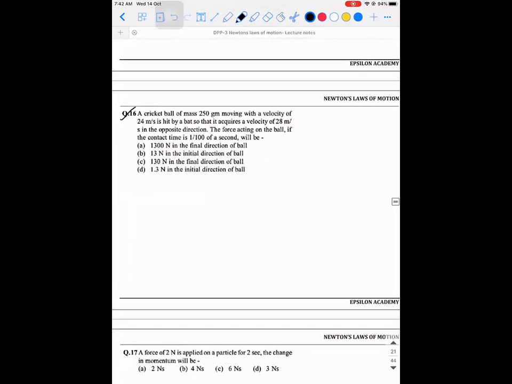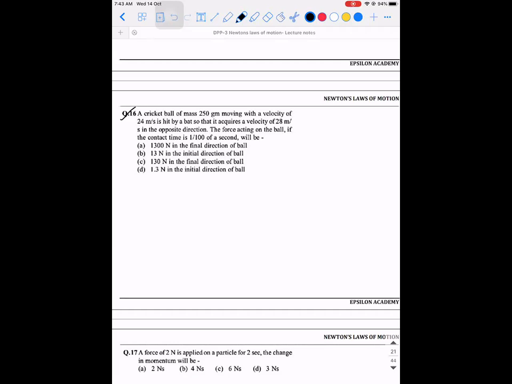A cricket ball of mass 250 grams moving at the velocity of 24 meters per second is hit by a bat so that it acquires a velocity of 28 meters per second in the opposite direction. The force acting on the ball, if the contact time is 1 by 100th of a second, will be... So generally, there is a collision taking place.